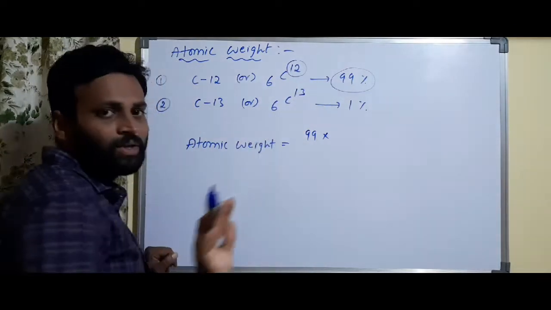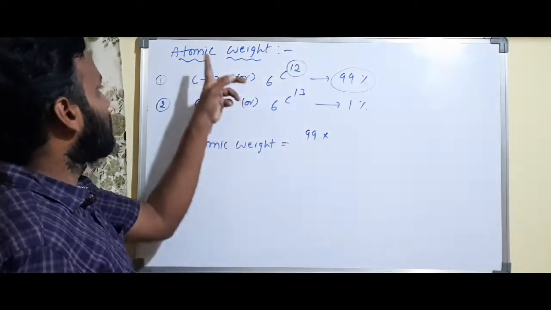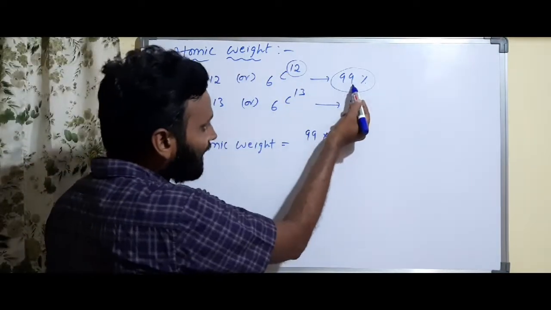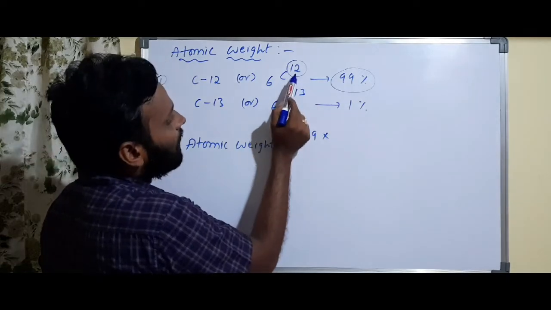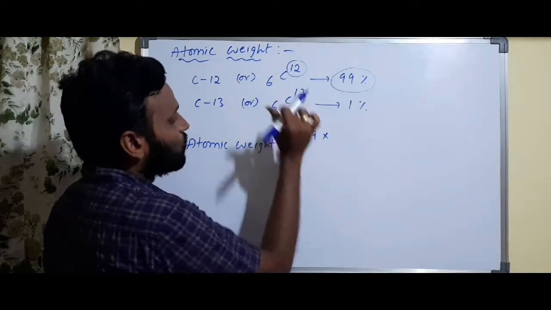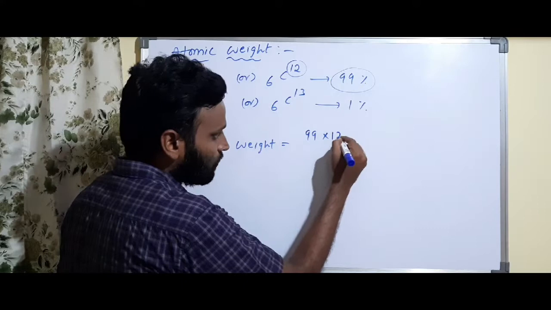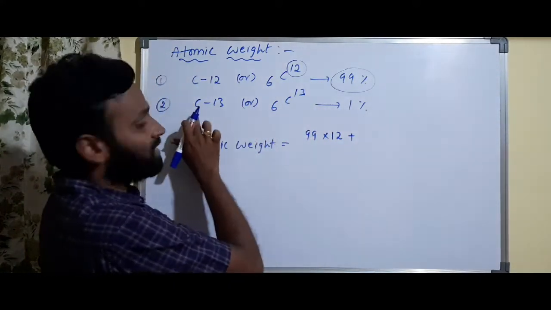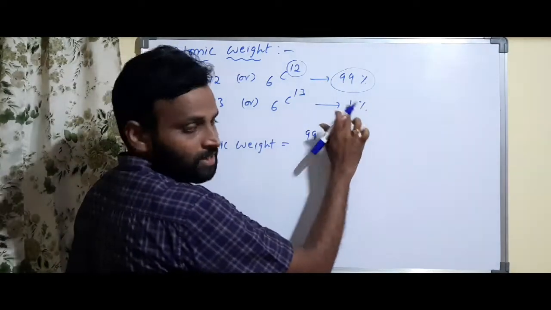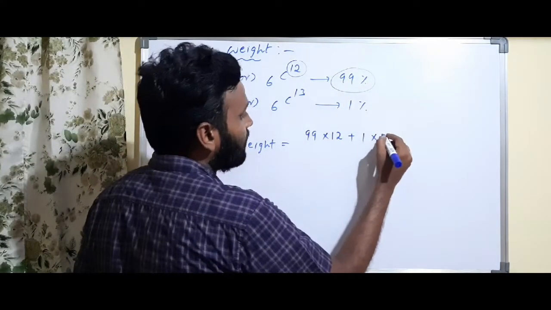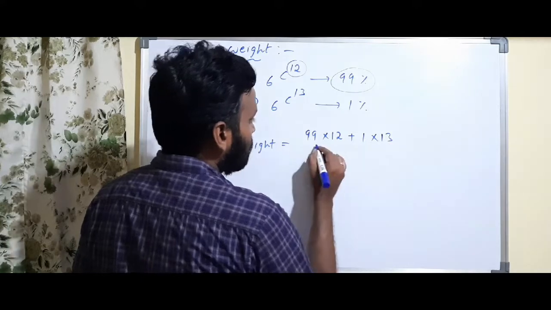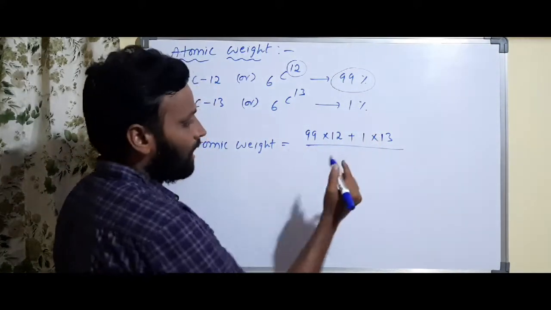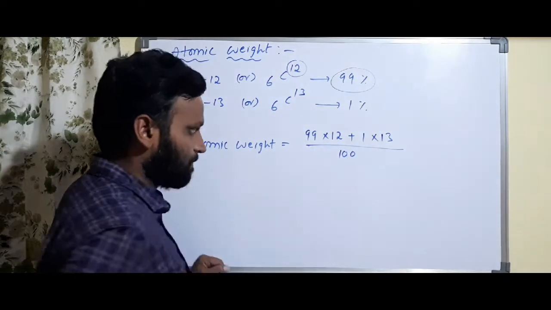The atomic number you have no need to consider, because you are finding the atomic weight. 99% is the isotope with mass number 12, so 99 into 12, plus the second isotope with mass number 13 and percentage 1%, so 1 into 13, divided by the total percentage, 99 plus 1, which is 100.